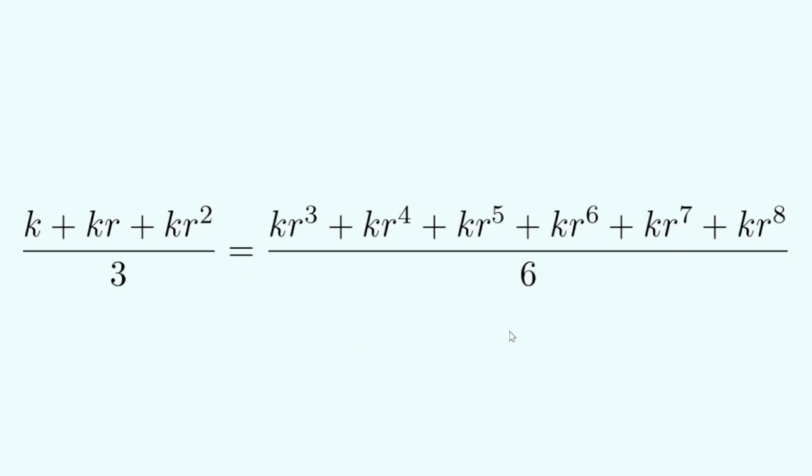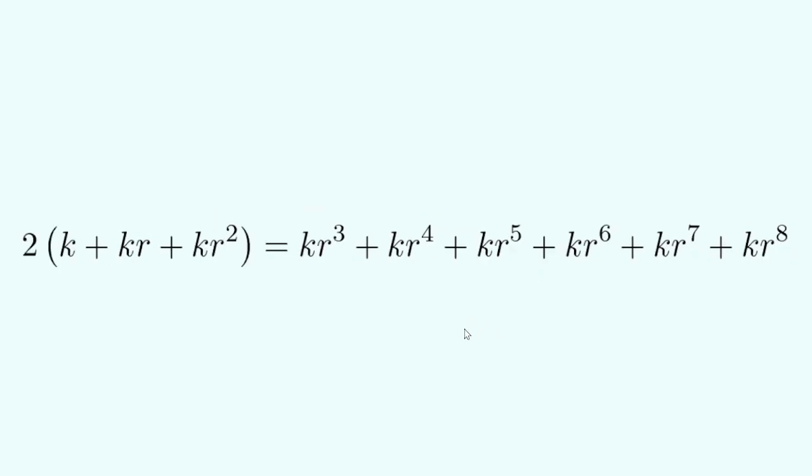Now if we want to start solving for r, the first thing we should do is get rid of those denominators, make them look a little bit nicer. We can do that just by multiplying by 6, and that will give us this equation here. Now, if you look closely, you can find this k plus kr squared term twice on this side of the equation.